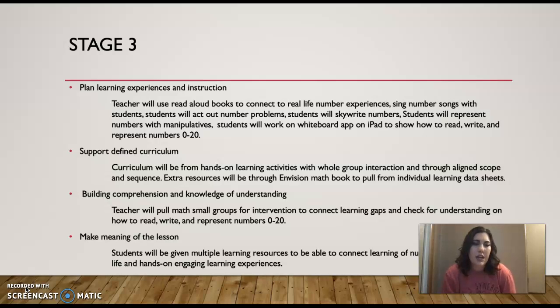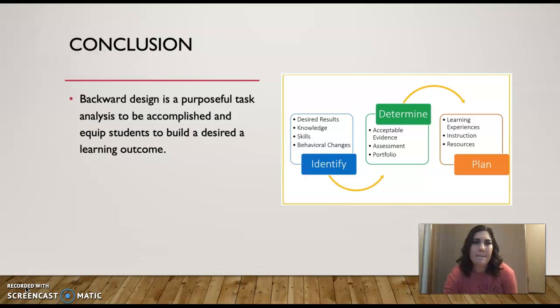Building comprehension and knowledge of understanding: teacher will pull small groups for intervention to connect learning gaps and check for understanding on how to read, write, and represent numbers 0 through 20. Make meaning of the lesson: students will be given multiple learning resources to be able to connect learning of numbers 0 through 20 through real life and hands-on engaging learning experiences.